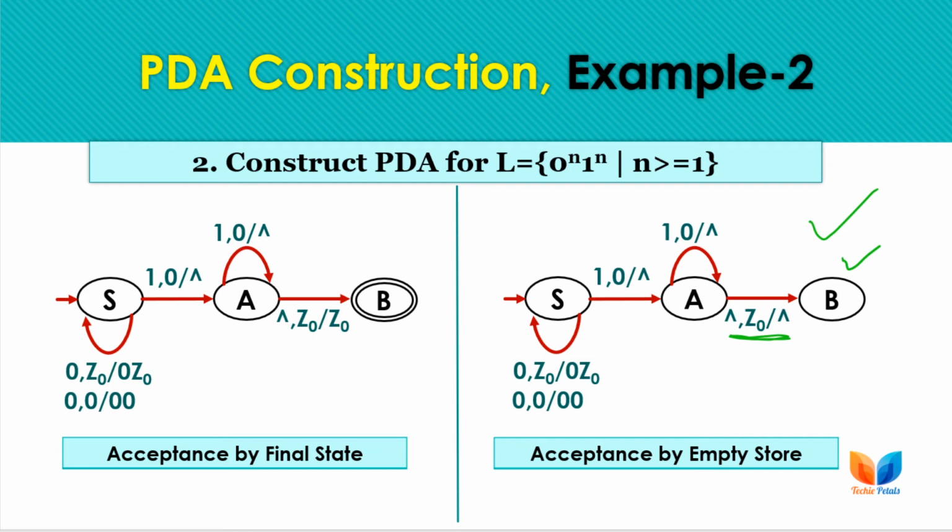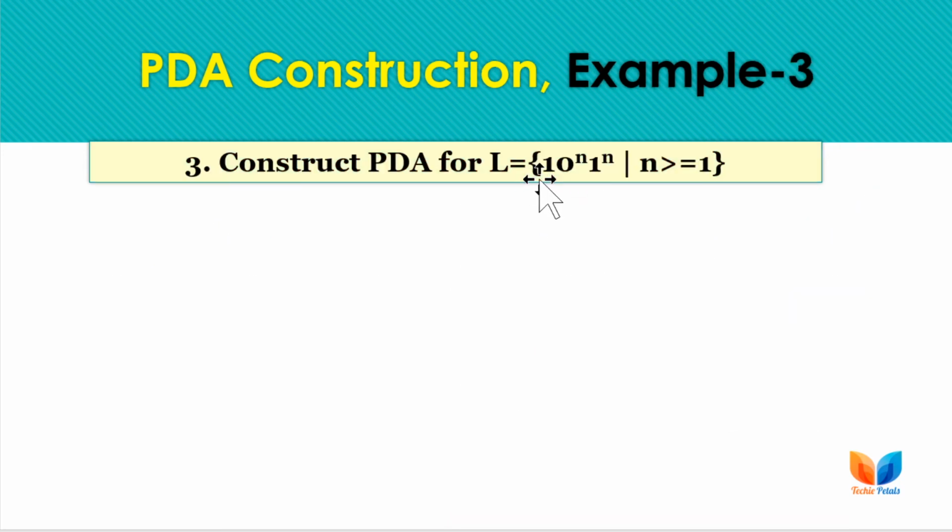So let's start with the next question, where we will be using this language with a little bit of difference. Our next language requires 1 followed by 0 raised to power n, 1 raised to power n, meaning 1 followed by n zeros followed by n ones. Here n is greater than or equal to 1, so this portion of the question is the same as the previous one, the same logic as example number 2.